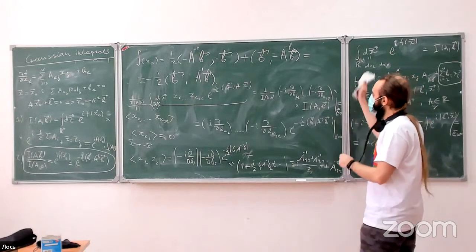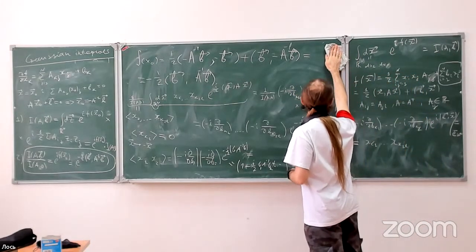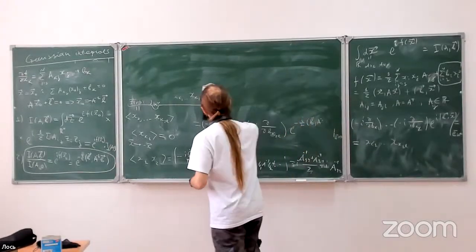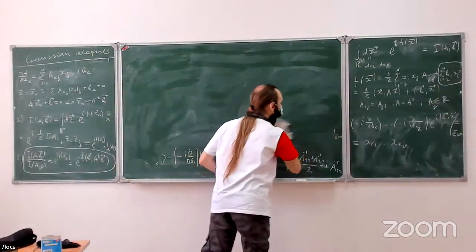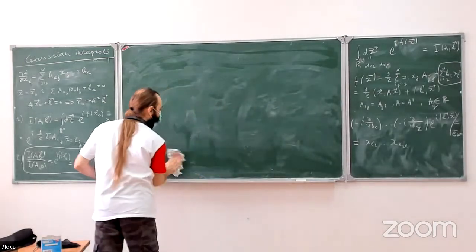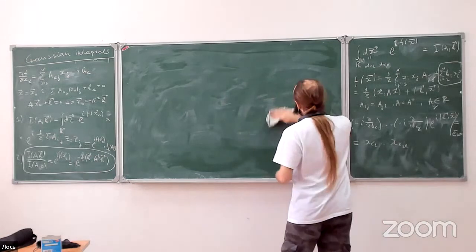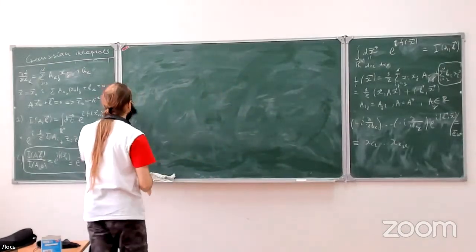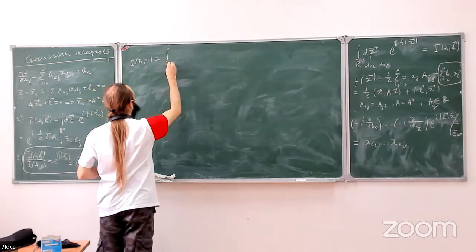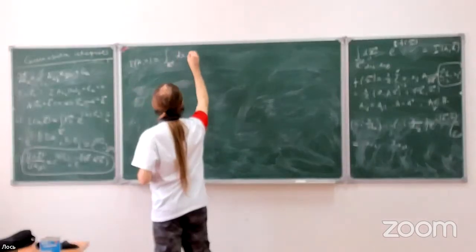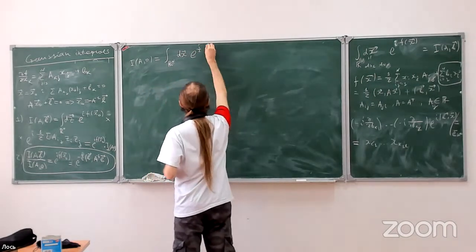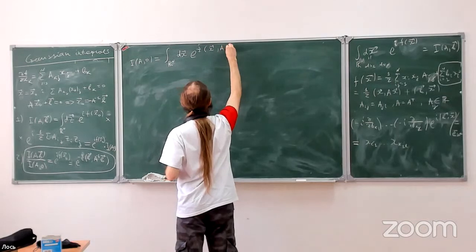Yes. So let me erase this blackboard. Yeah, so we want to compute this I of a0, which equals the integral over Rn dx e to the power i over 2 x a x.